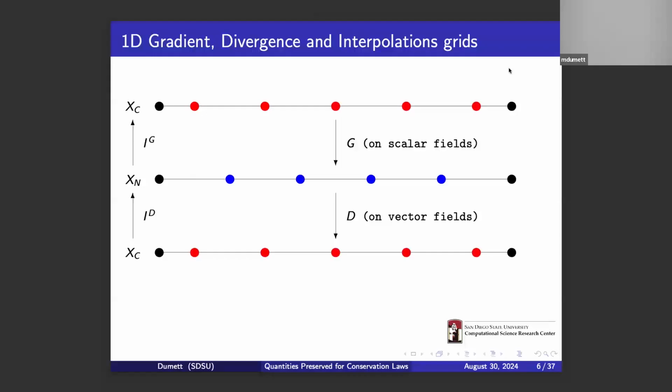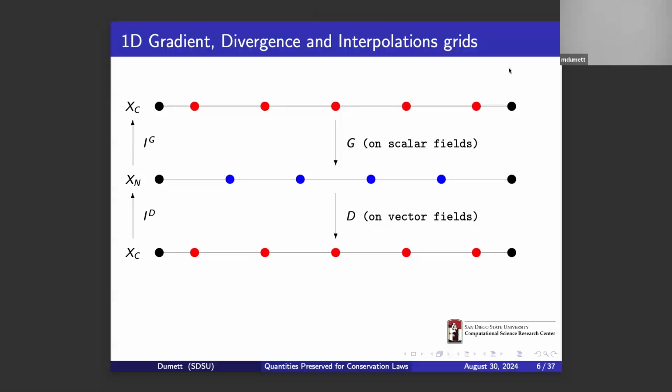And on the other hand, we also introduce an interpolator. When you try to apply the gradient to a discrete function, you will need the function to be defined at the centers. And if you have the data for some reason at the nodes, you would like to move from the nodes to the centers. And for that, we have this operator, which is high order actually.